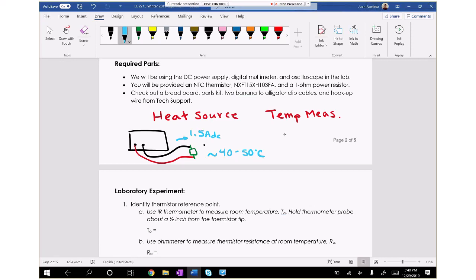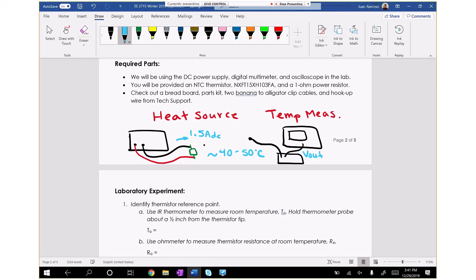And then for the temperature measurement, you're going to use the oscilloscope and a circuit that you build. And the circuit will have a little thermistor attached to it. And you're going to be measuring the output voltage to see what's going on.